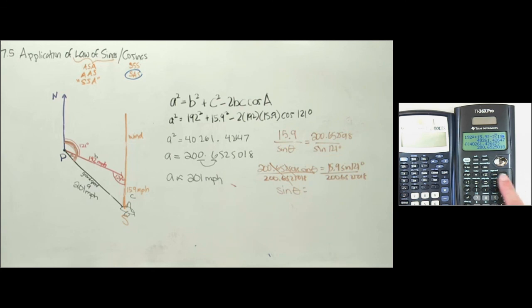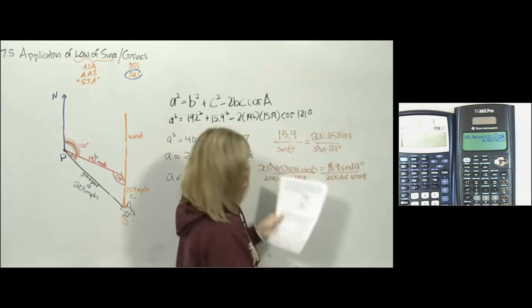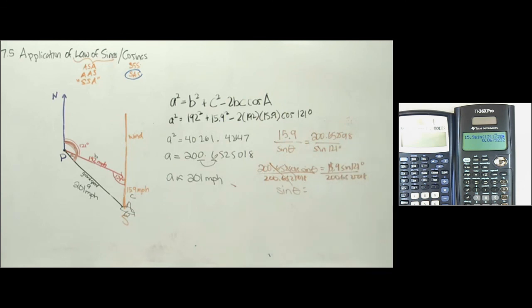I'm going to clear this out. We're going to type 15/9, the sine of 121 degrees, close it, divided by that lovely decimal. Hit equals. Is that your angle measurement? No. All you did was convert this fraction to a decimal.